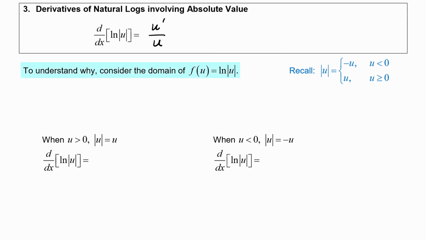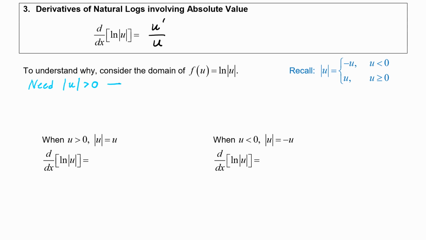To understand why, consider the domain of f of u equals the natural log of the absolute value of u. For the domain, we need the argument, which is absolute value of u, to be greater than 0.